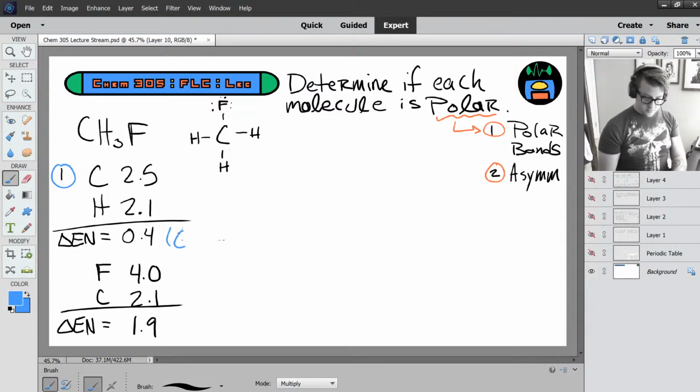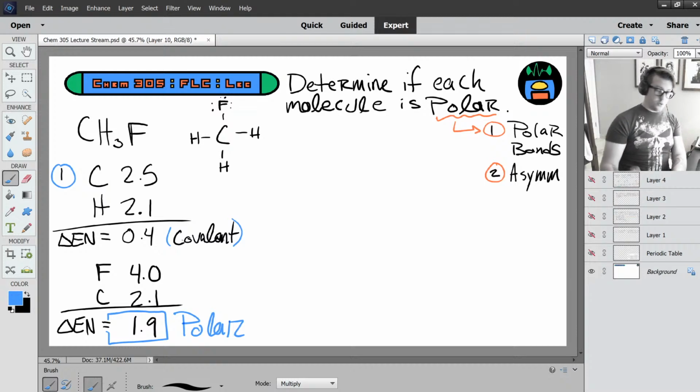But the electronegativity difference between fluorine and carbon, totally polar.